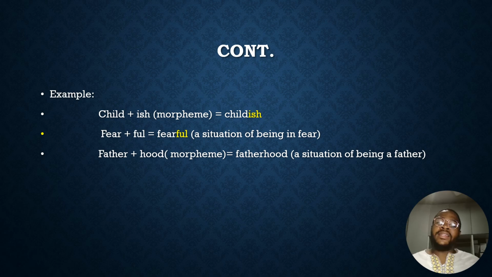But now when I add the morpheme ish, it tends to become a situation. That person is childish, meaning that person behaves like a child. So the morpheme normally changes the context or the meaning, in this case from the noun to the situation.